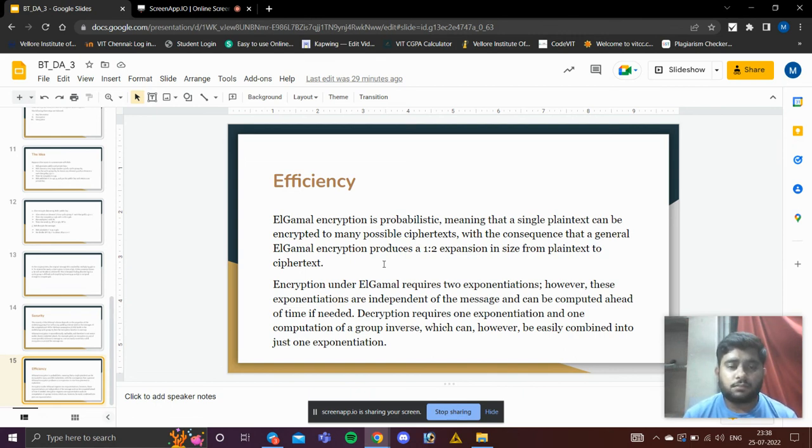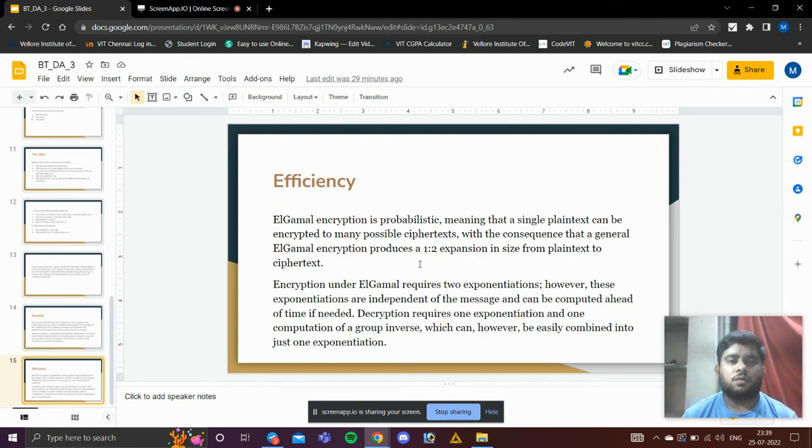And encryption under ElGamal requires two exponentiations. However, these are independent of the message and can be computed ahead of time if needed. Decryption requires one exponentiation and one computation of a group inverse, which can, however, be easily combined into just one exponentiation.